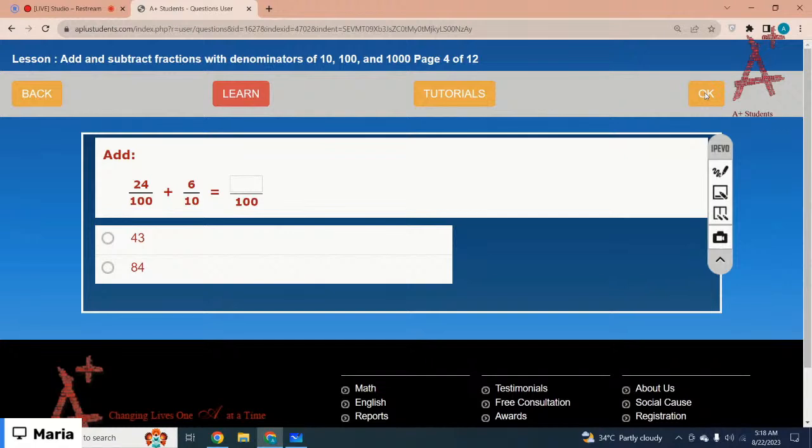It is 84 over 100. Very good. The correct option is 84 over 100.